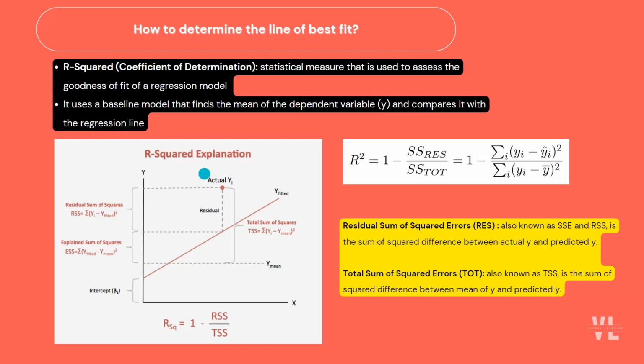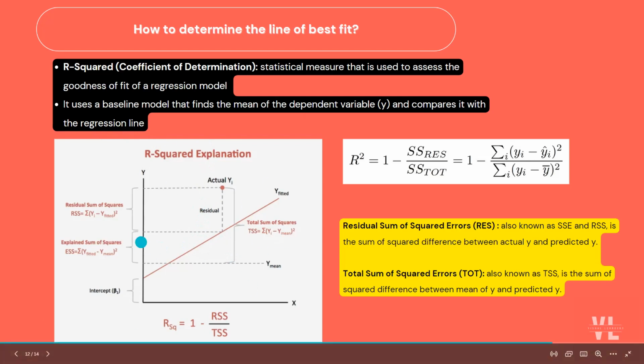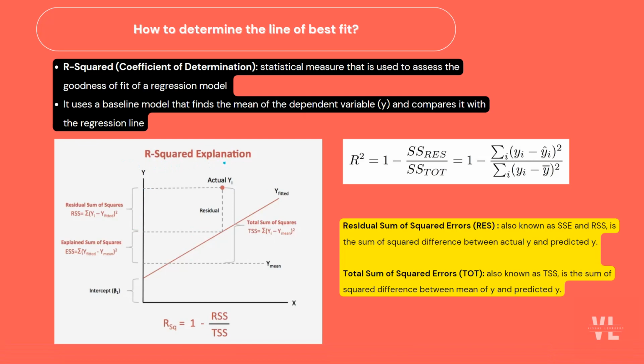So in order to explain this easily, we can use this diagram for the R-squared explanation. There are two terms that we basically need to consider in order to evaluate the R-squared term.